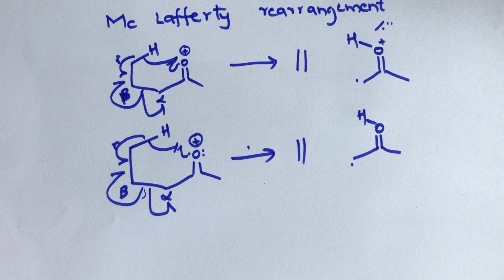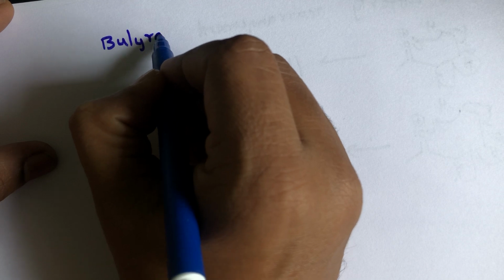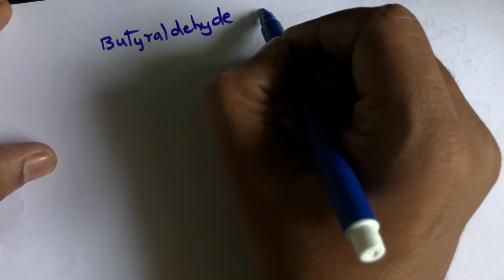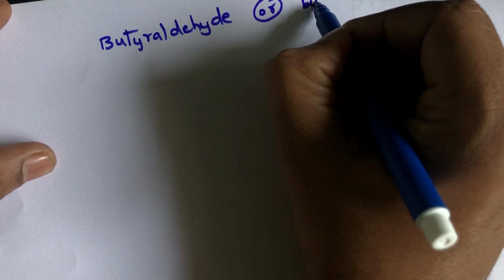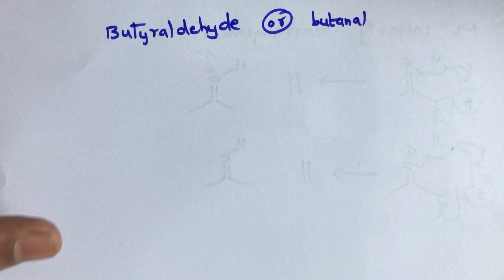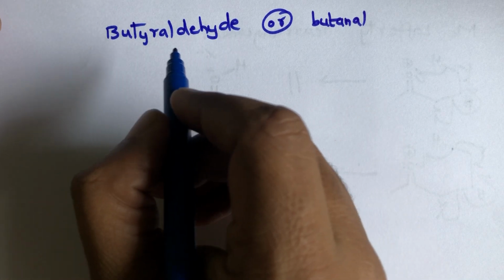Now, for the syllabus we have McLafferty rearrangement with respect to butyraldehyde as an example. Butyraldehyde or butanol, so this is very, very important. You should concentrate on this. Let us draw the structure of butyraldehyde.